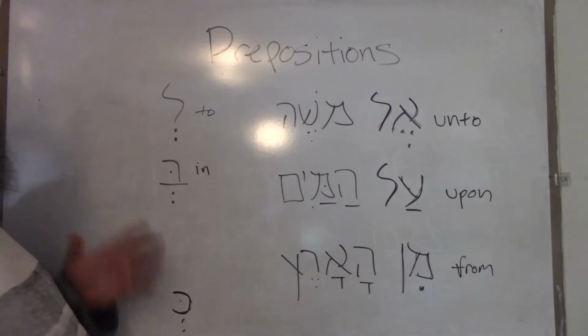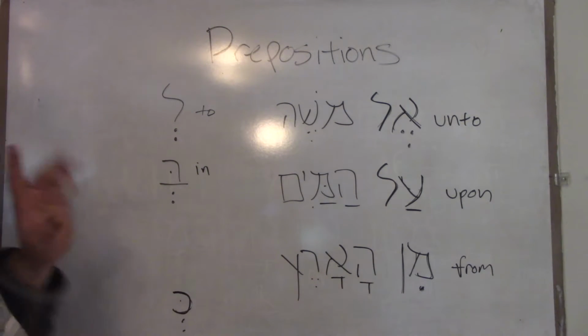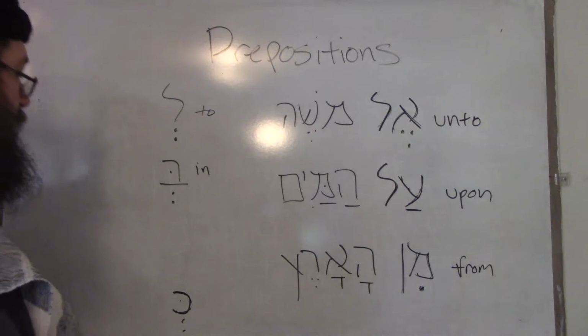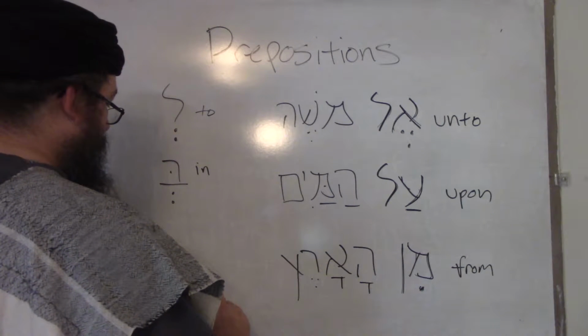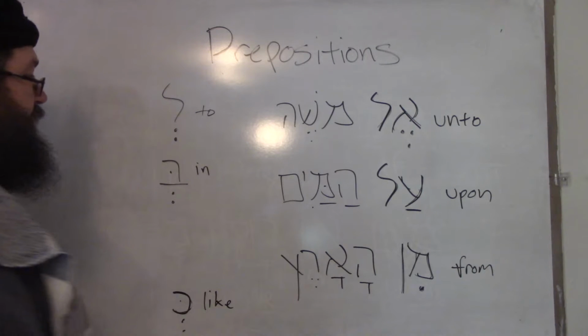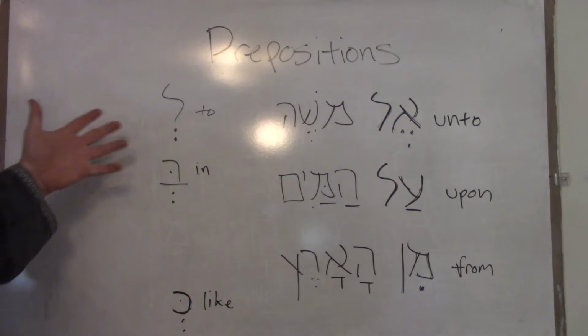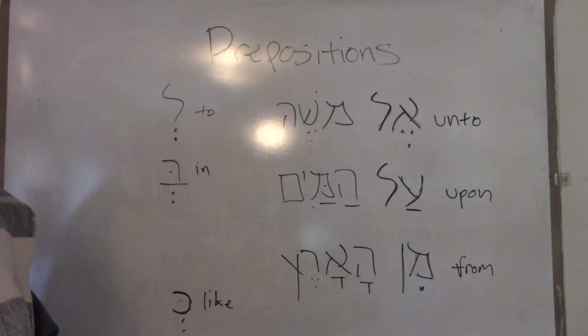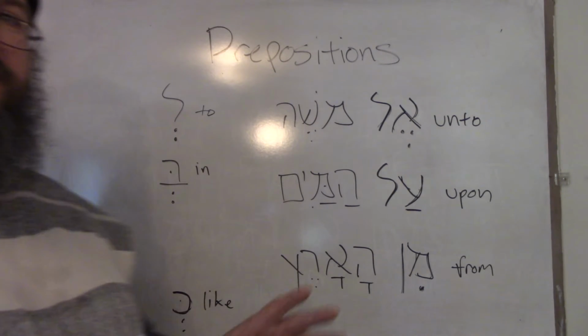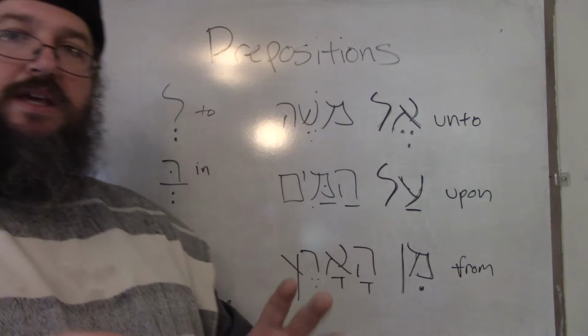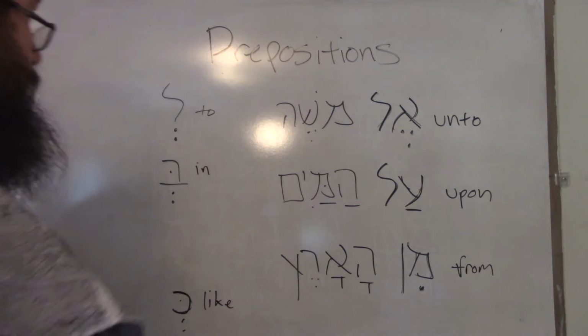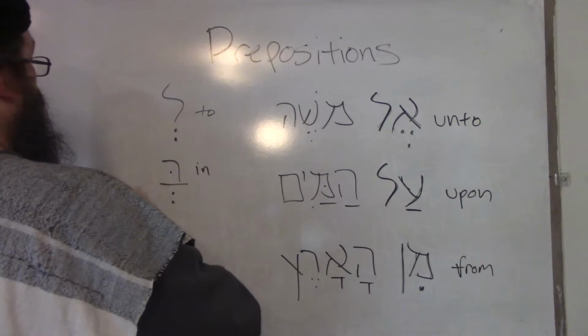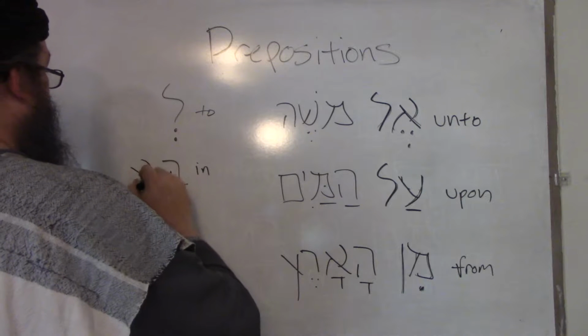Now there are more meanings for the bet, but we're just using one meaning to make it simple. And the kaf is like. When we're adding this to a noun, it all depends on whether the noun is going to stay indefinite. If the noun stays indefinite, we keep the indefinite state of the noun just as it is. So if we wanted to say in a land, we say be'eretz.